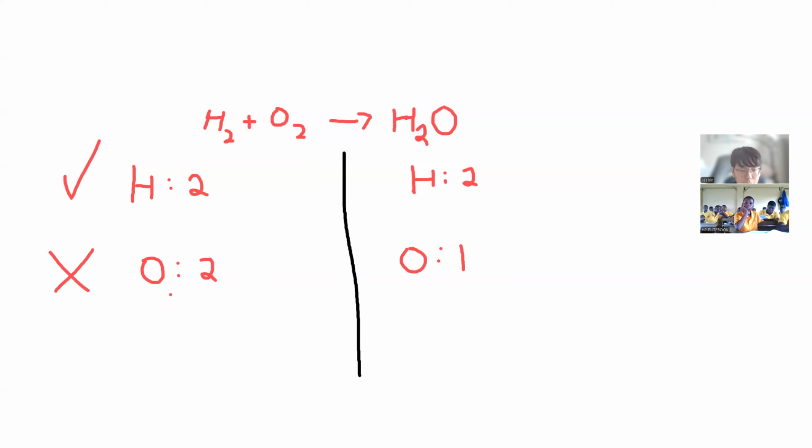Remember, atoms can neither be created nor destroyed. So the types and number of atoms on the left and on the right must be equal. But 2 does not equal 1. What can we do here? Our solution was to multiply H2O by 2. So we have 2H2O. And now we don't have oxygen as 1, but rather we have oxygen as 2.